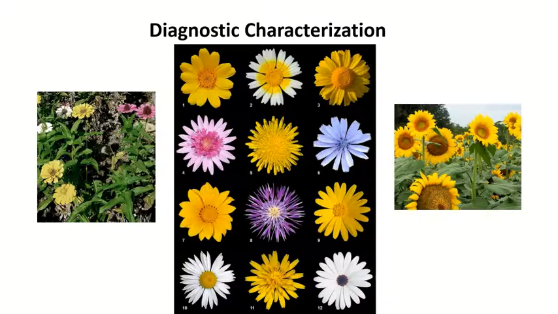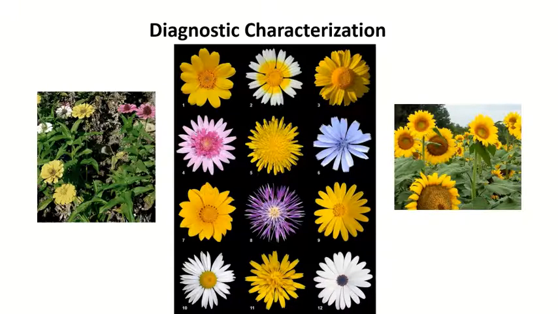So, that's equal to diagnosing the characters of each of your unknown and your known, which is a listing of all the features of a taxon that distinguish it from all other taxa. If the characteristics of the unknown entity fall within the range of the diagnosis of a known one, then you have successfully made an identification.